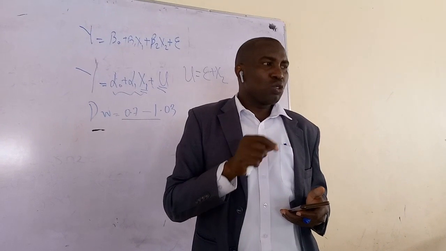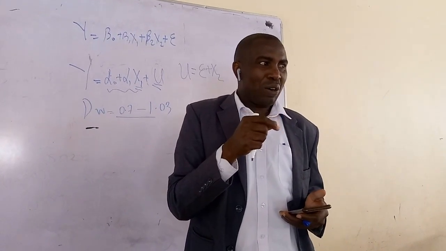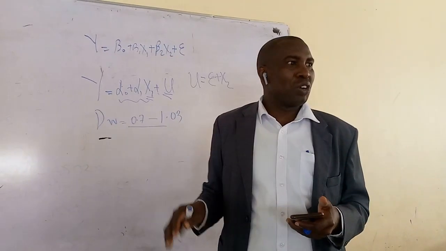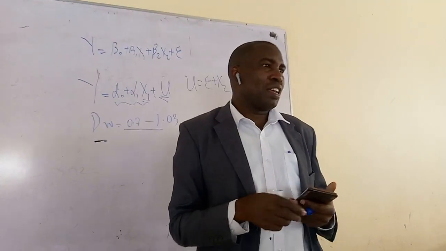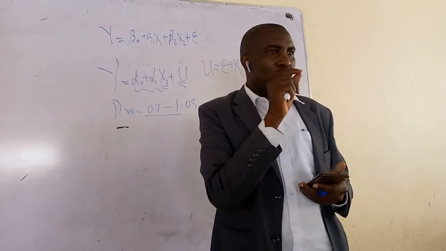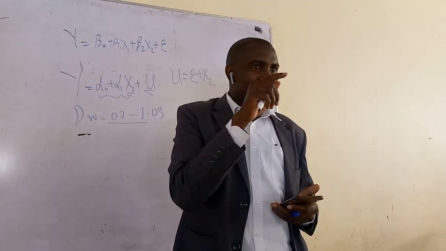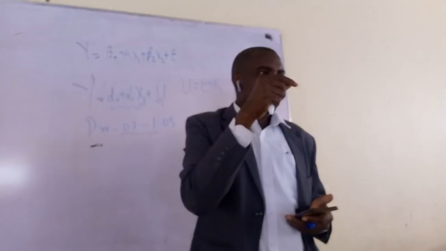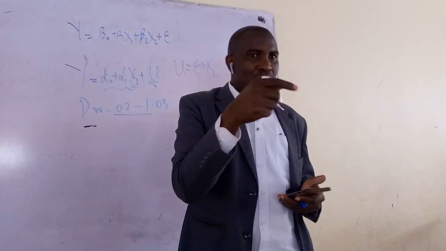How are you correcting it? By removing the omitted variable from that error and letting it be on its own. Then you will get that DW is 2. So if you get a low D, sometimes it could mean that there is autocorrelation, and in other cases it could mean that there is model misspecification.